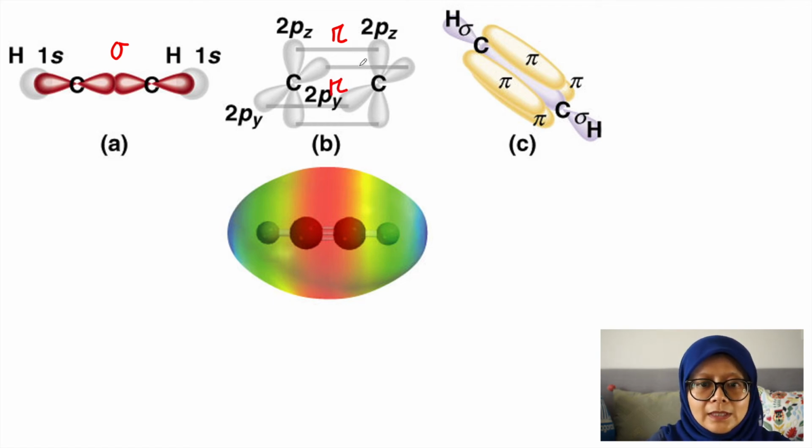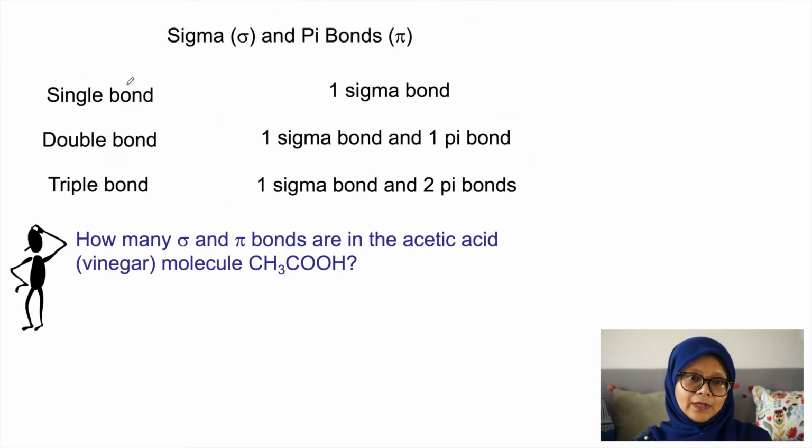So in C triple bond C we have 2 pi bonds and 1 sigma bond. So let's recap. Single bond has 1 sigma bond, double bond has 1 sigma bond and 1 pi bond, and triple bond has 1 sigma bond with 2 pi bonds.